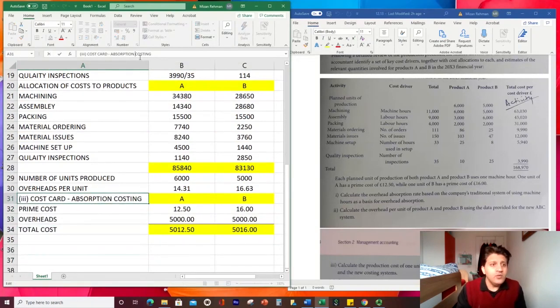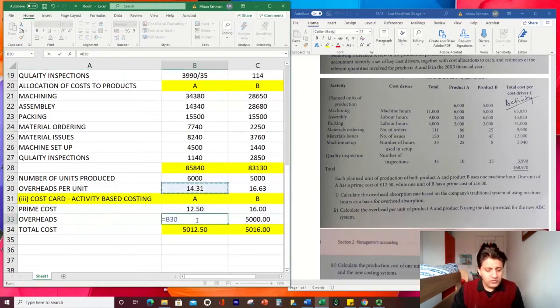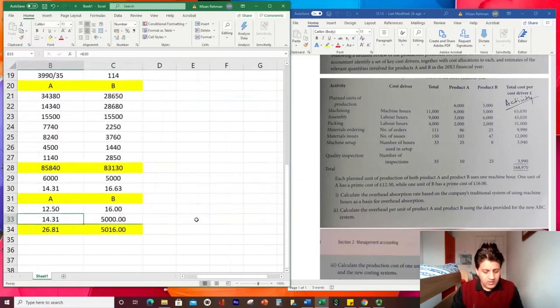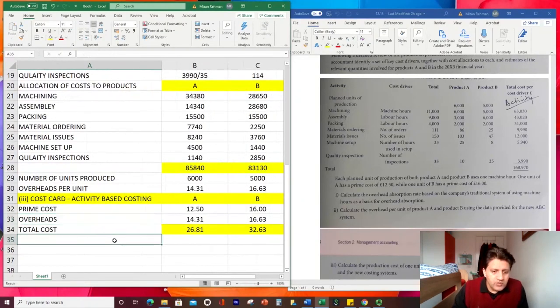So this is activity based costing. Let's highlight this. Prime cost is as before, and overheads are 14.31 and 16.31. So we have total cost as 26.81 and 32.63.